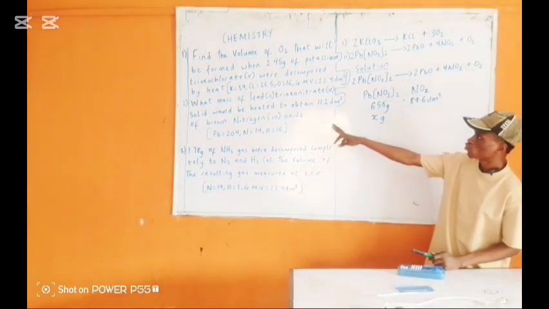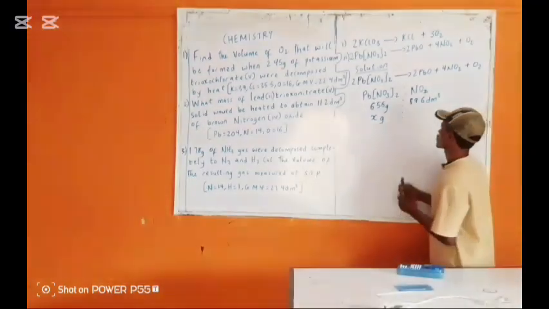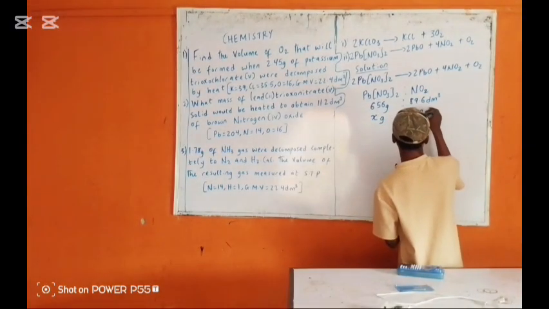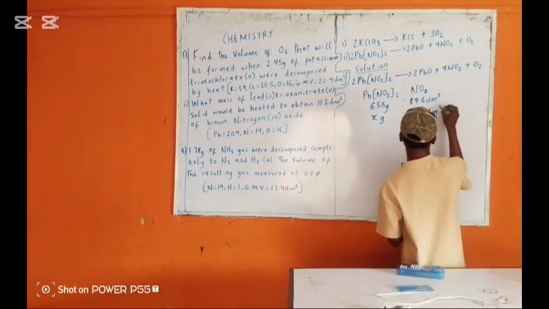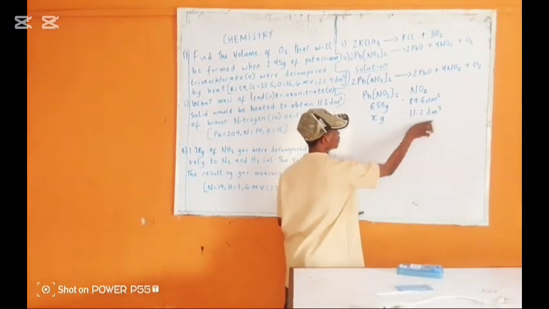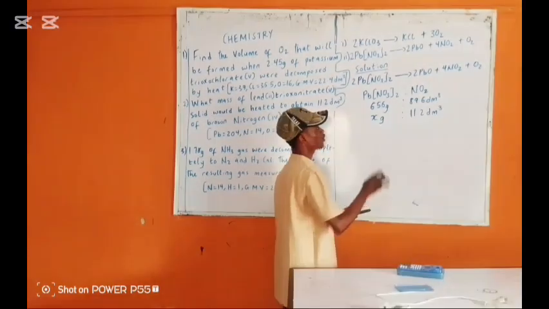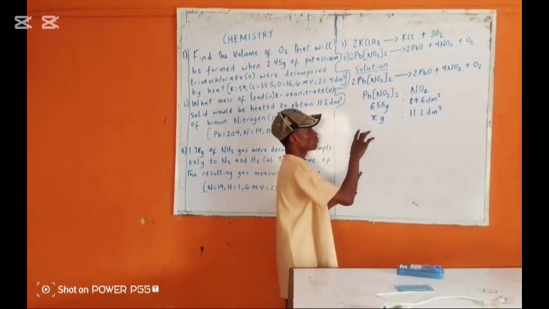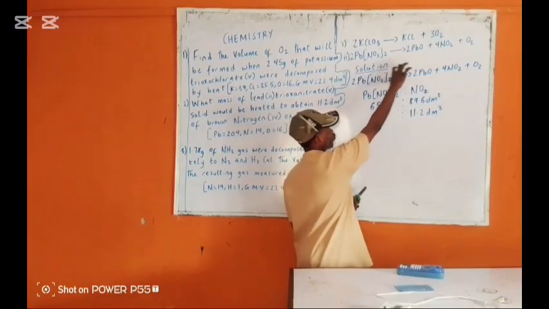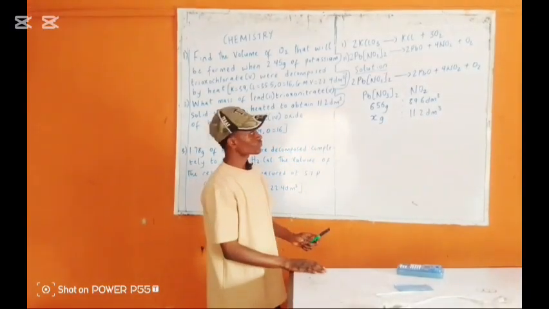Would be heated to obtain 11.2 dm cube. I first of all bring my values from the equation, then I apply the question there.